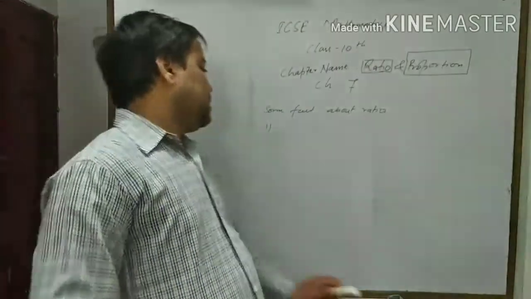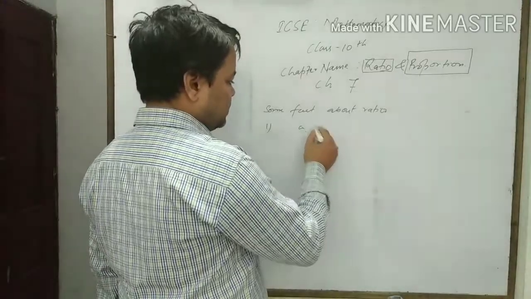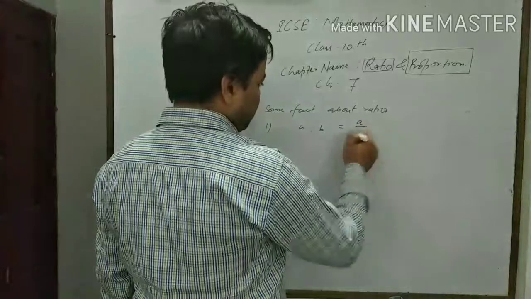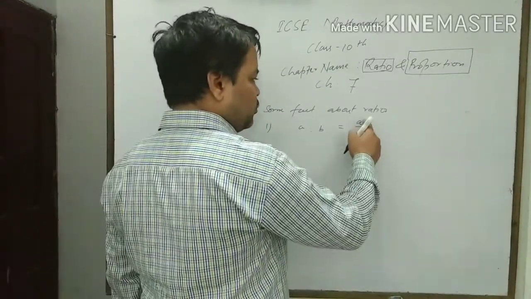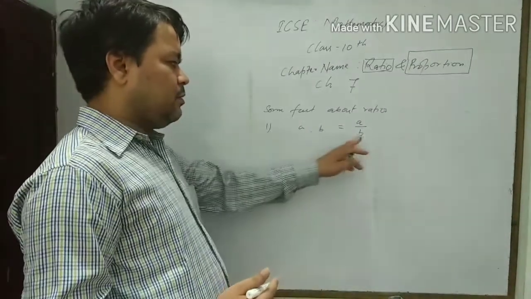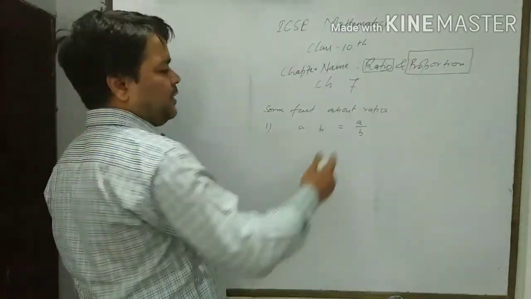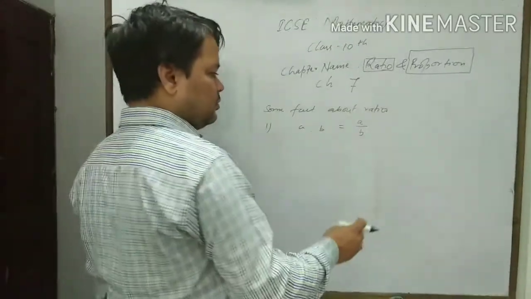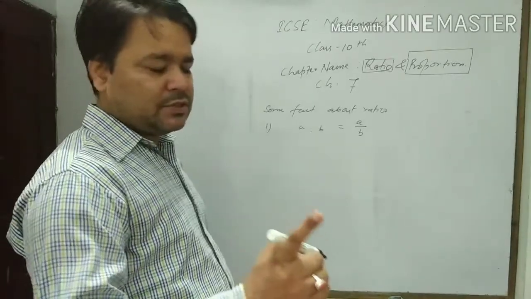First term, second term, antecedent, consequent: we can represent it in the form of a fraction. If we multiply or divide the numerator and denominator by the same value, there will be no effect on the ratio. This is the first fact.